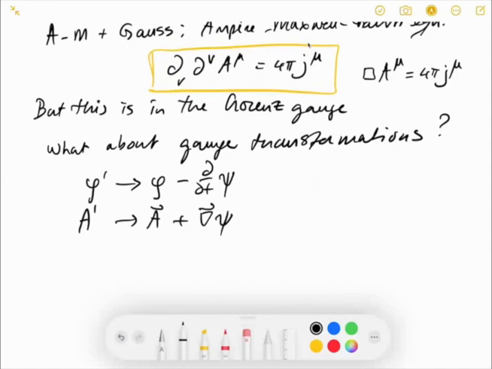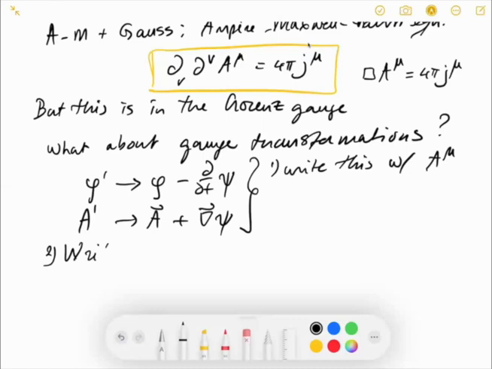And I'll let you work on that. So write this with a mu. That's assignment number 1. And assignment number 2, write the Lorentz gauge with a mu.